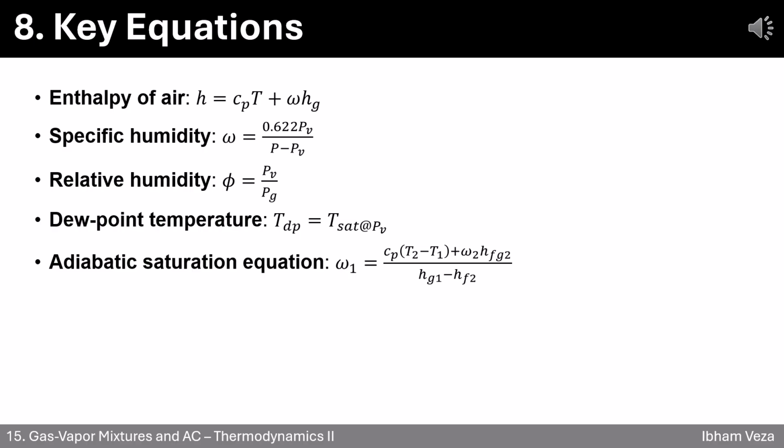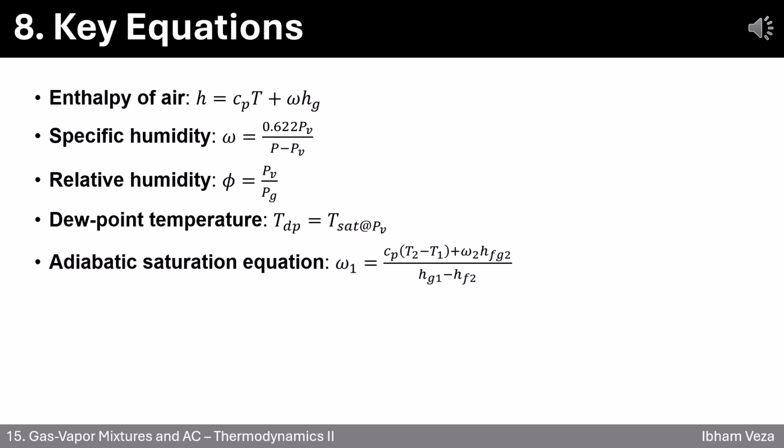Relative humidity tells us how close we are to saturation, whether the air feels dry or sticky. Then comes the dew point temperature, which tells us the temperature where moisture starts condensing out. Lastly, the adiabatic saturation equation helps us calculate changes during humidification without heat exchange.